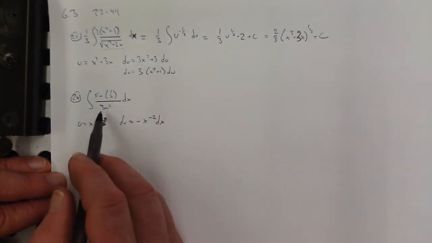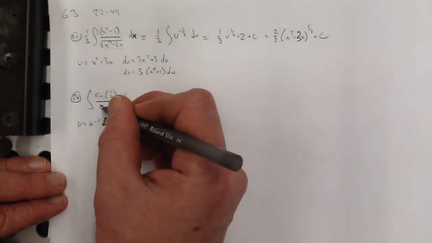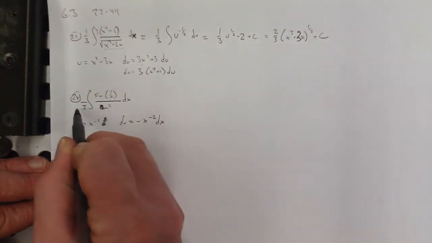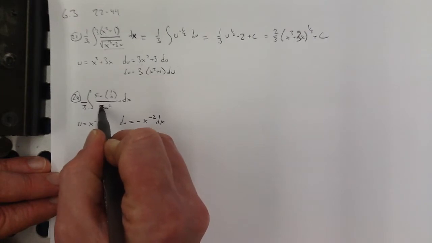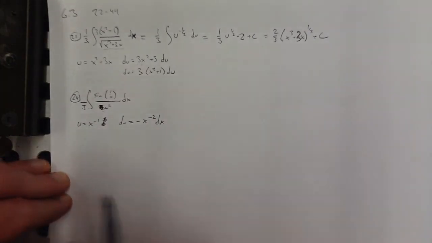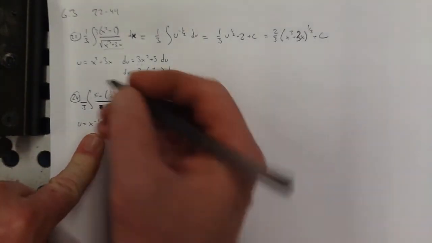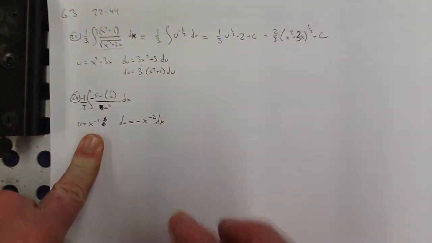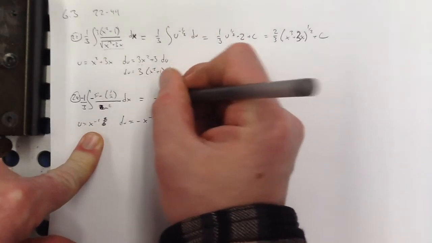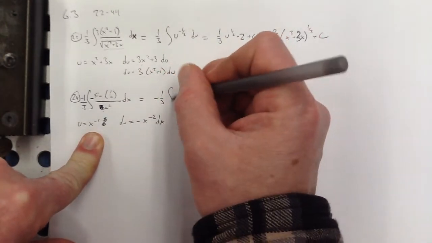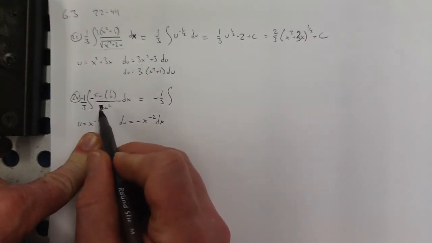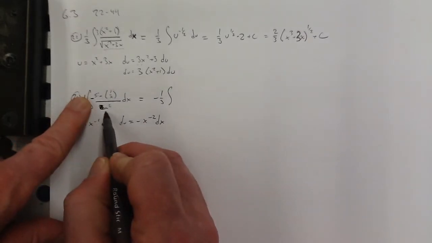I don't really want that 3 to be there, so I think I'd rather that was on the outside. I just slide that across. It's going to be on the bottom when I move it outside because it was on the bottom here. And what I would like is for there to be a negative sign in here, so I'm going to need a negative out there also. So I've got negative 1/3 times the integral of, I've got negative x to the negative 2 dx.